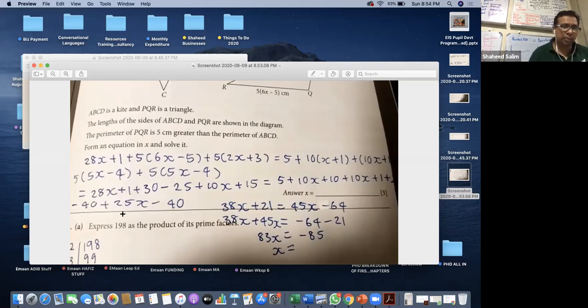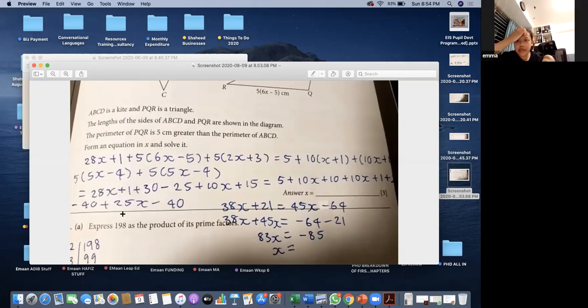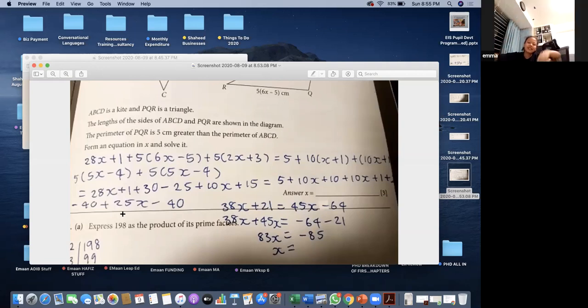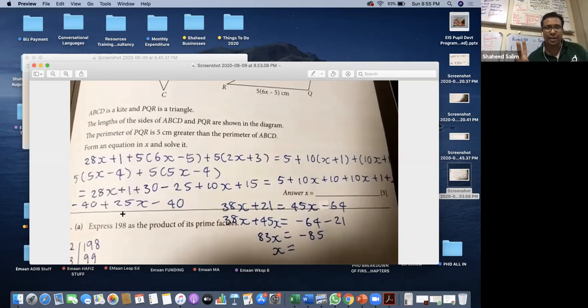How did you get 40? This is a 5 bracket: 5 times minus 1. 5 times 4 is how much? Oh, okay, so it's minus 20, minus 20. That's the first thing. You change that first. Minus 20, minus 20. Then this one down here, you're correct.